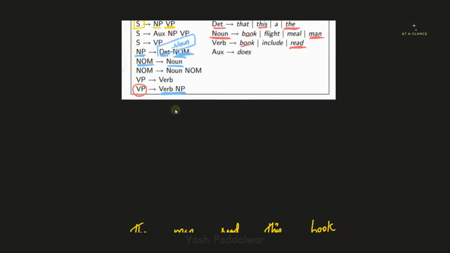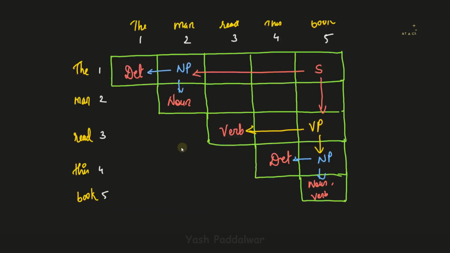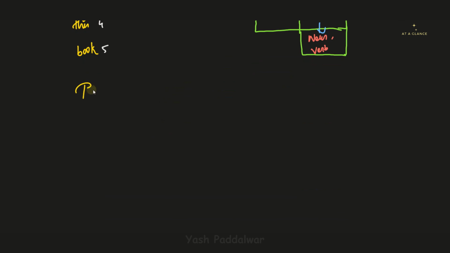So, we can simply combine the verb phrase and noun phrase together, and we can simply write this together as S. And that's it. We have reached our root node. So now, let's try to construct the parse tree.